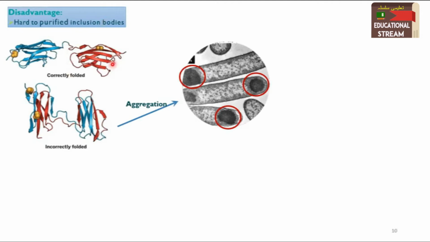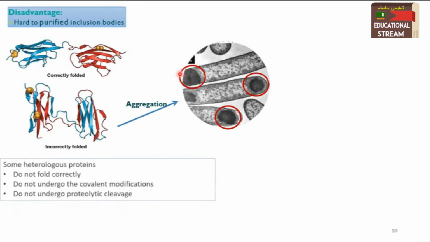But when this protein is expressed in bacteria and the folding is not proper, meaning there is incorrect folding, it will result in aggregation of the proteins. Eukaryotic proteins that you are expressing in the bacterial host will aggregate into insoluble cellular precipitates, which are known as inclusion bodies.